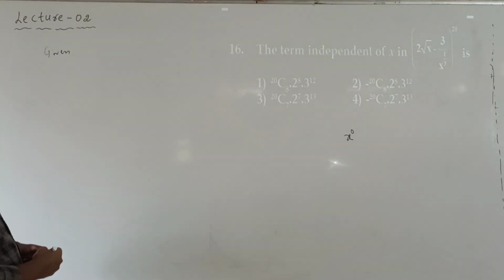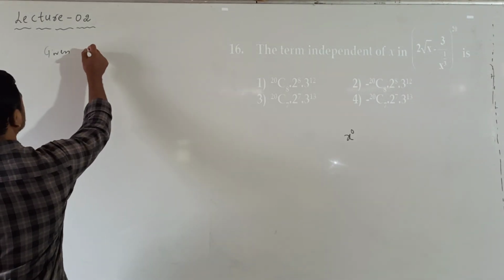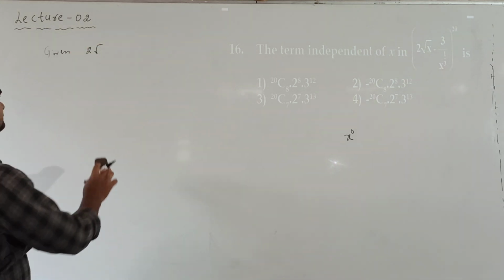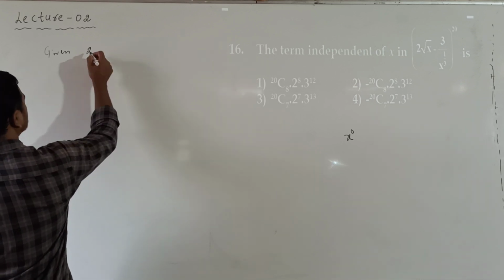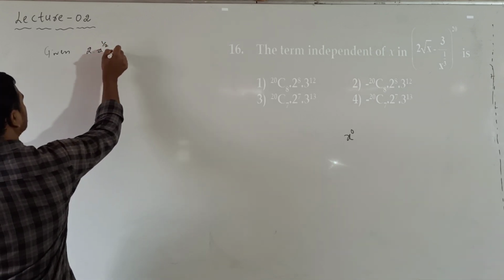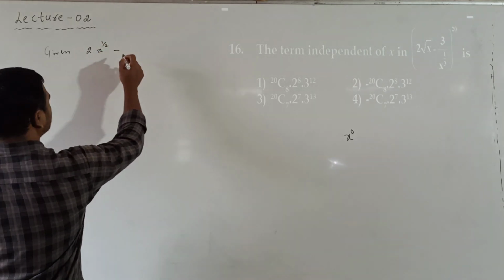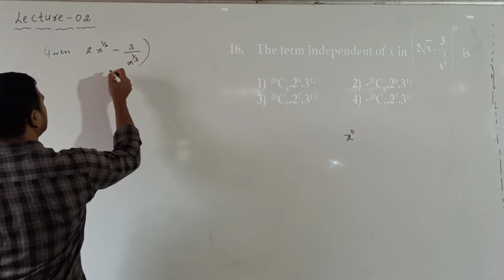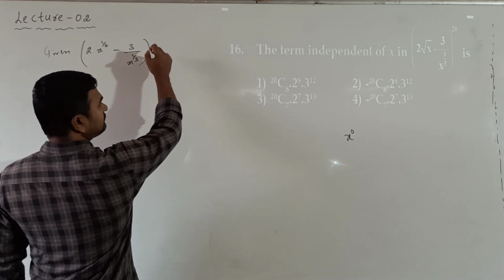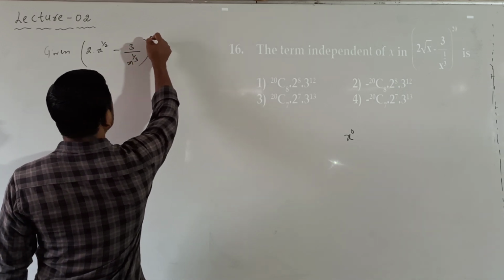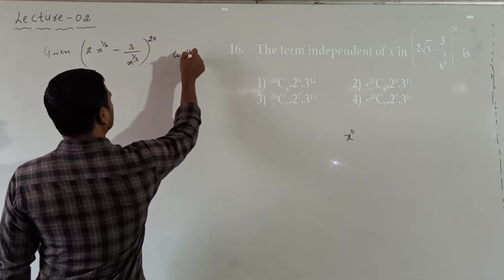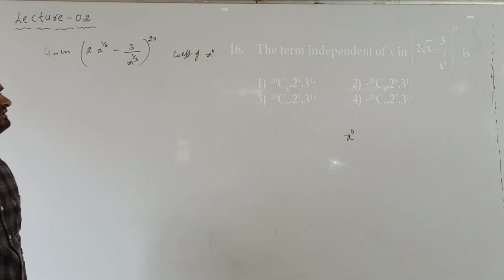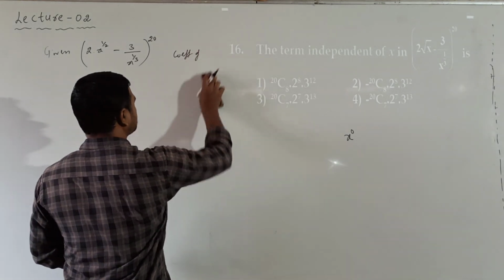Again the expansion is 2 root x. Root x means x to the power of 1 by 2. So 2 into x to the power of 1 by 2 minus 3 divided by x to the power of 1 by 3, whole to the power of 20. Now we need the coefficient of x to the power of 0, that is the term independent of x.